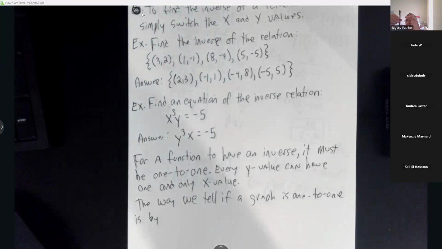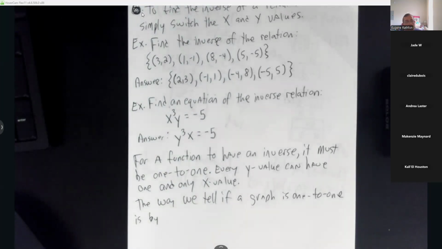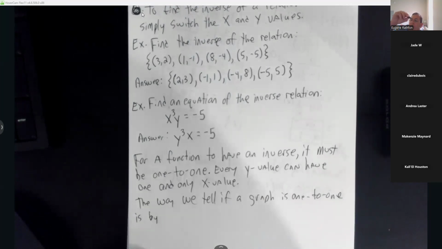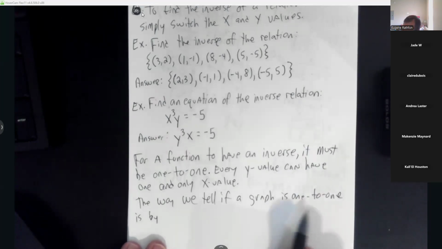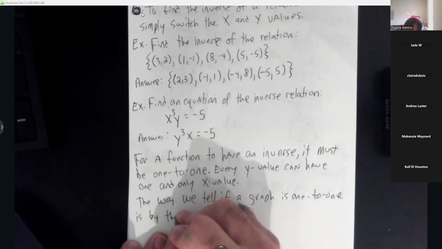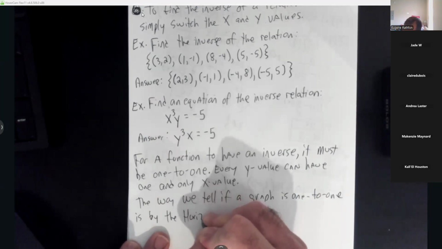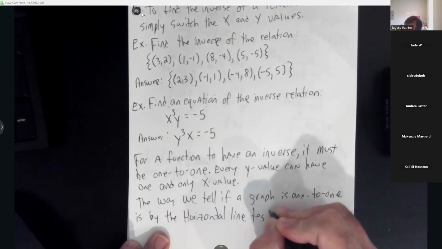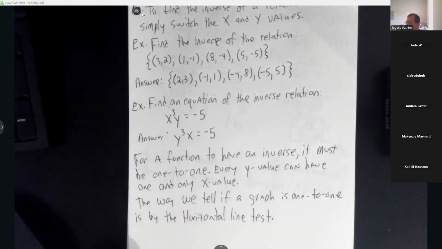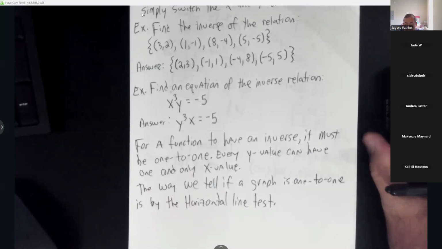And remember, the graph couldn't intersect my vertical line more than one time. Well, if I'm looking at the y values only having one x value, these are going to be done by a horizontal line test. Okay? So the way we tell if a graph is one-to-one is by the horizontal line test. All right, y'all, and here's what the horizontal line test says.